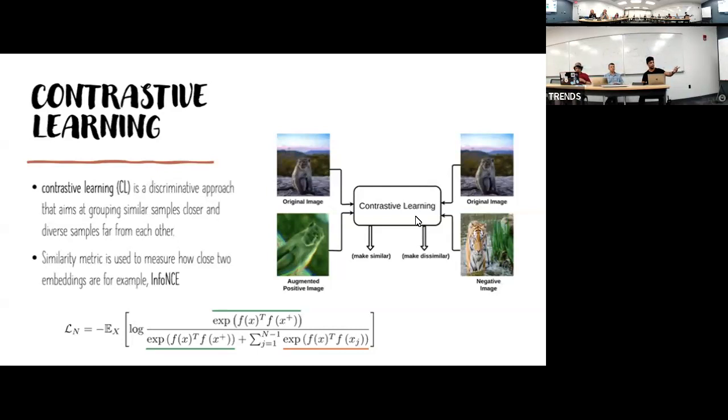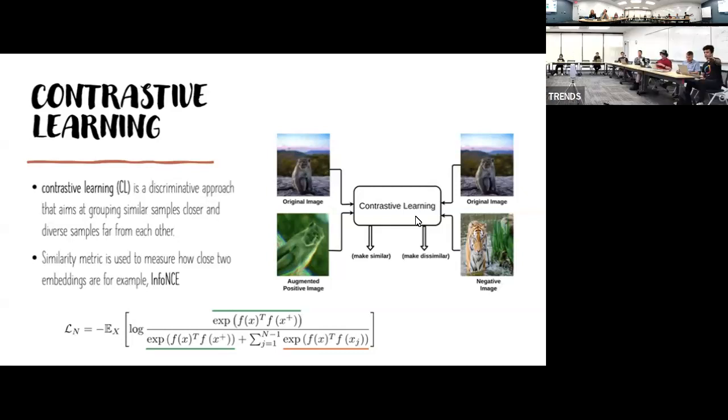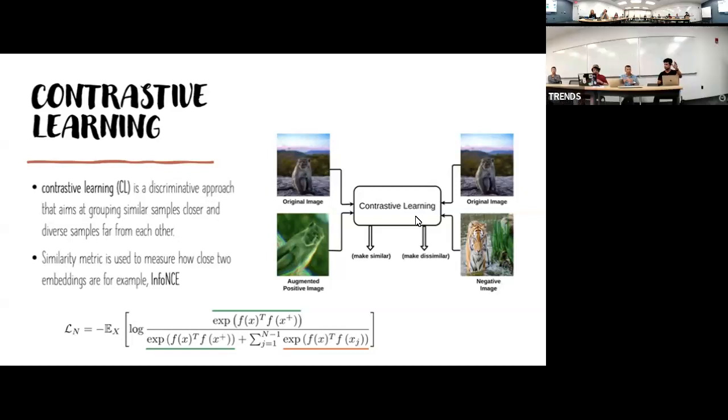This is a loss function which defines what contrastive learning does. You have the negative expectation of the log of the exponential of your positive sample divided by the positive sample plus the negatives. If I have just one positive sample, I will take n-1 samples as my negative samples. That's how it works, and then I calculate how similar they are.